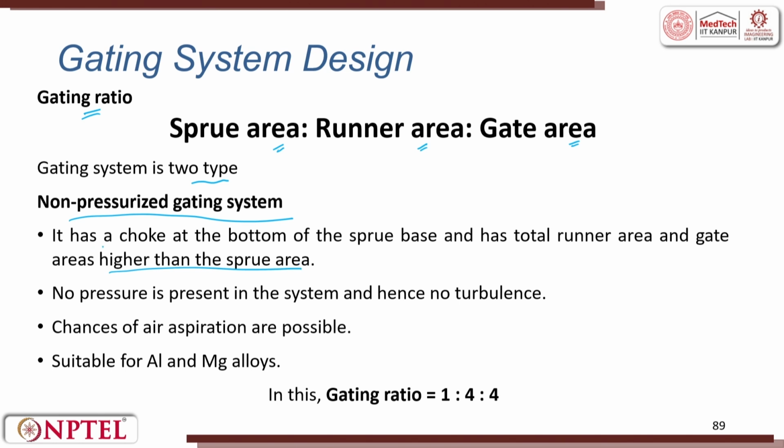I repeat, it has a choke at the bottom of the sprue base. So, no pressure is present in the system, hence no turbulence. So, the chance of air aspiration is possible. Generally, non-pressurized is used for aluminum and magnesium alloys. The recommended ratio is sprue 1, runner 4 and gating area 4.